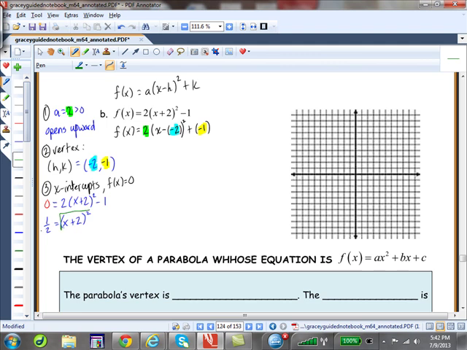Square rooting both sides, we will end up with the square root of 1 is 1, and so we'll end up with x plus 2 is either equal to positive 1 over root 2, or x plus 2 is equal to negative 1 over root 2. Now, we've been rationalizing these things, so we're going to go ahead and do so.